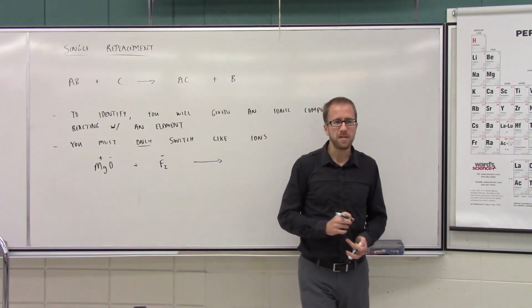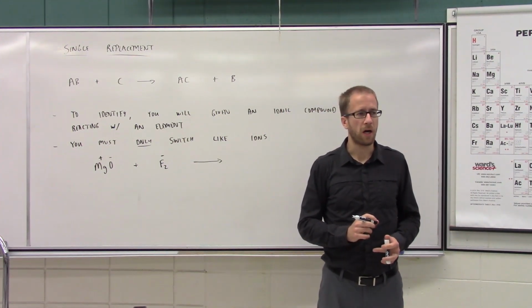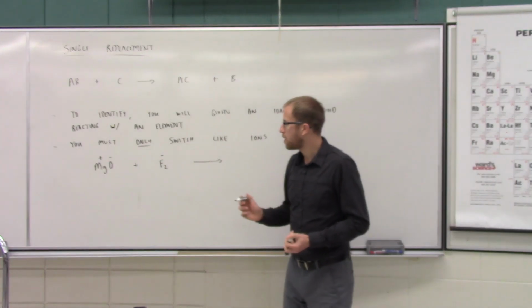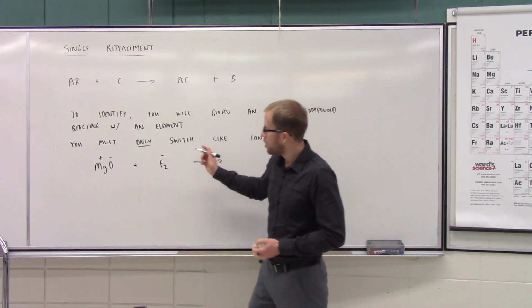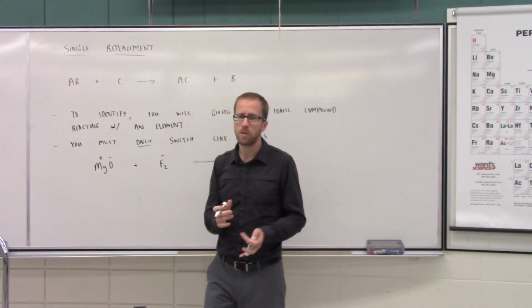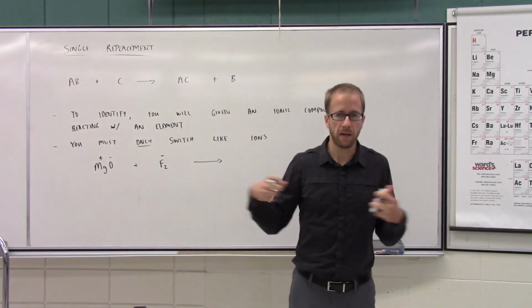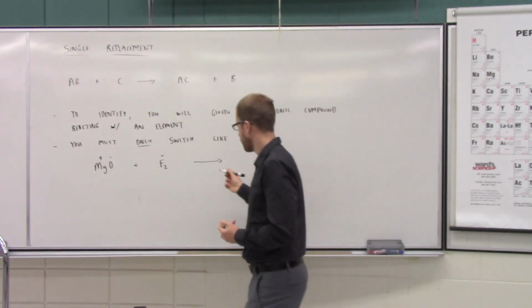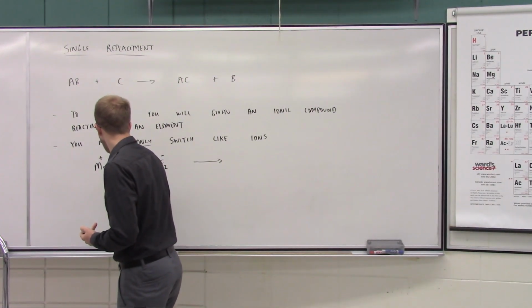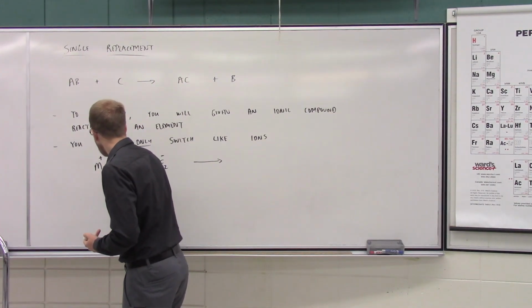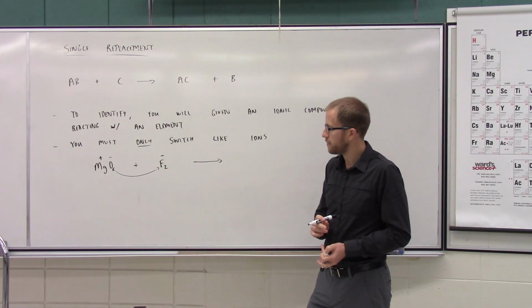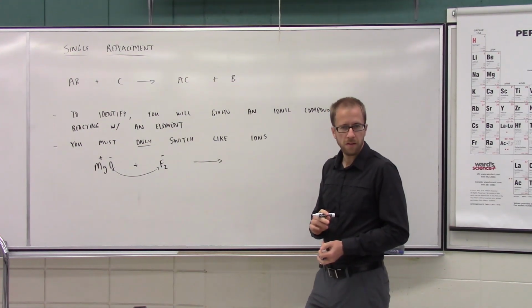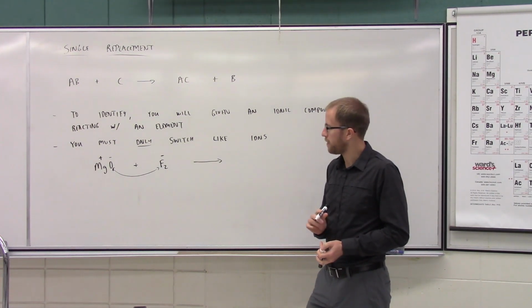Now, obviously, when we're talking about single replacement reactions here, we are going to be switching our like ions because two negatives won't form a bond, right? Two negatives will repel each other. So when this reaction happens, these like ions are going to be switched, so that we still have a positive bonding with a negative.